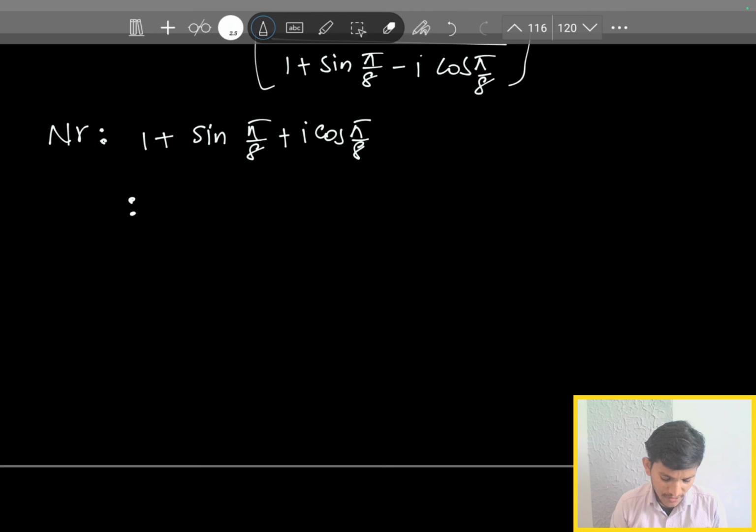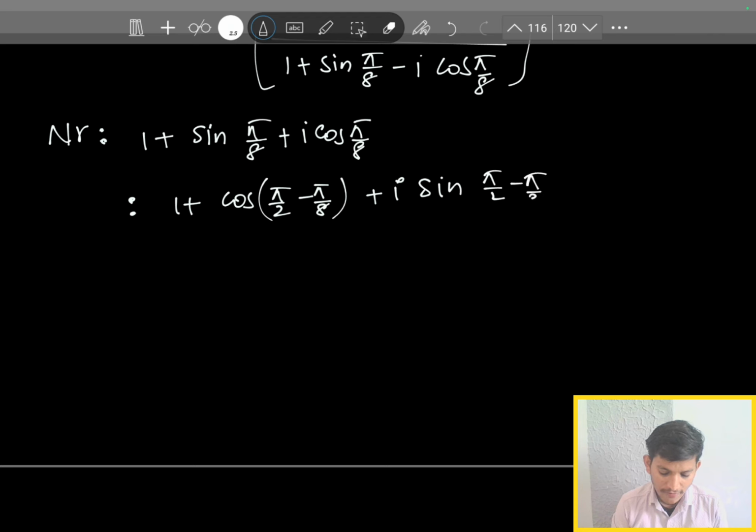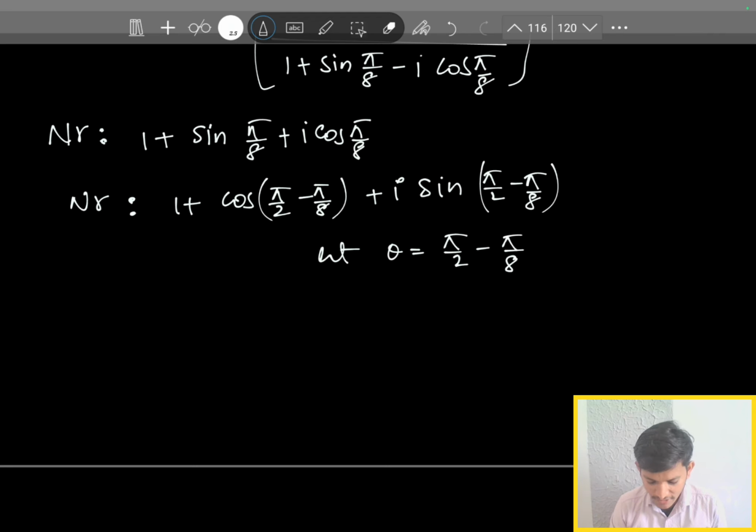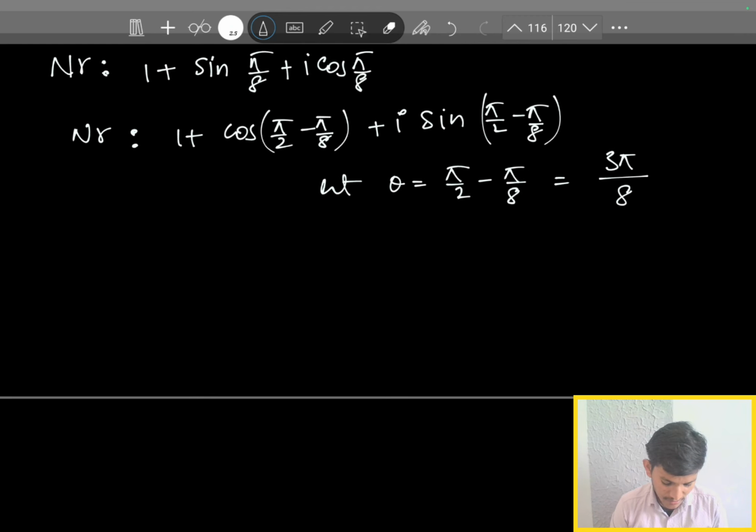That will be equal to 1 + cos(5π/2 − 5π/8) + i sin(5π/2 − 5π/8). Let me write theta equal to 5π/2 − 5π/8. Taking LCM 8, it is equal to 3π/8. So theta will be equal to 3π/8.